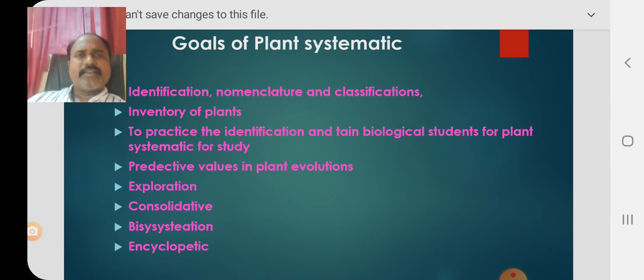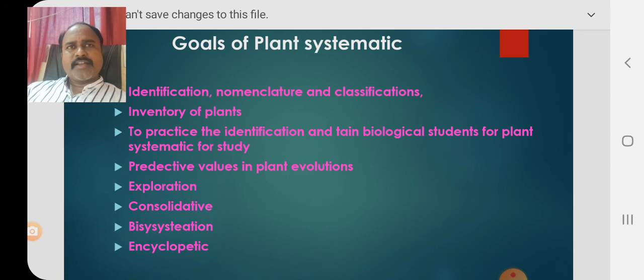Basically, in the taxonomic literature we find that four goals should be achieved.